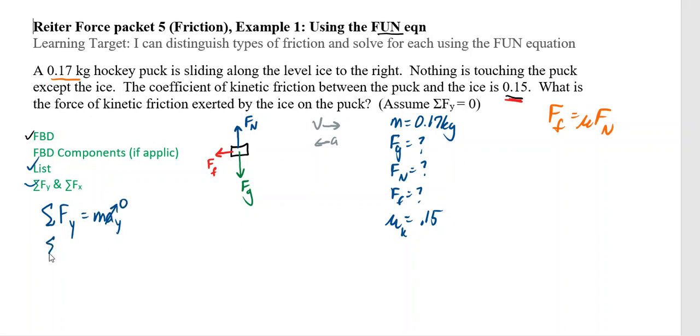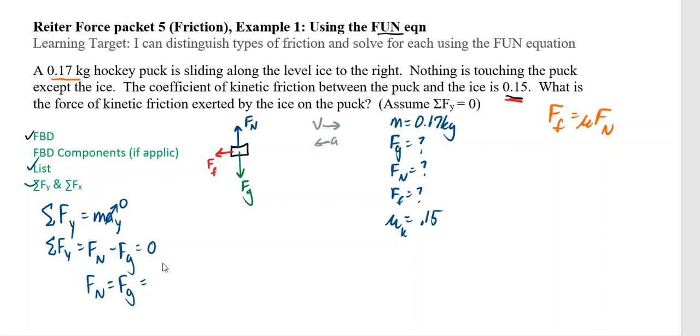So that means my net force on the y, and the whole point of me drawing out the free body diagram is so I can see this: normal is upwards, gravitational is downwards. That's it. Normal minus gravitational is equal to 0. Cool. So I can just add gravitational force to the other side, and I can say normal equals gravitational.